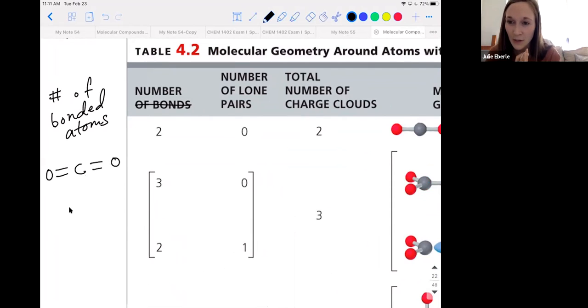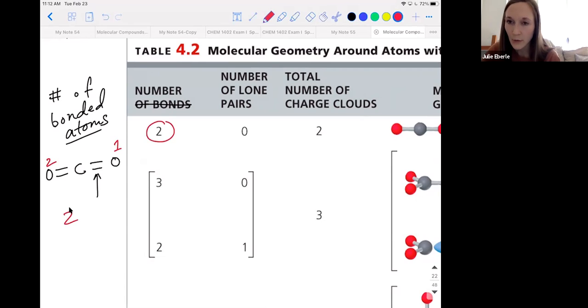That's not going to be correct here. You remember we count double bonds and triple bonds as one charge cloud. We're trying to count charge clouds here. So instead of counting bonds, just count how many atoms are bonded to carbon. We've got 2 oxygen atoms bonded to carbon. So I've got 2.